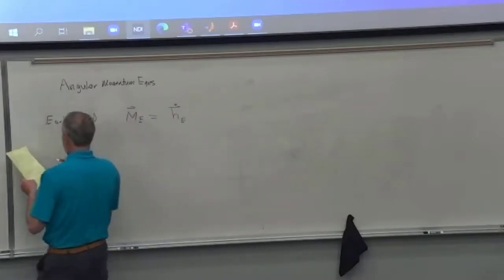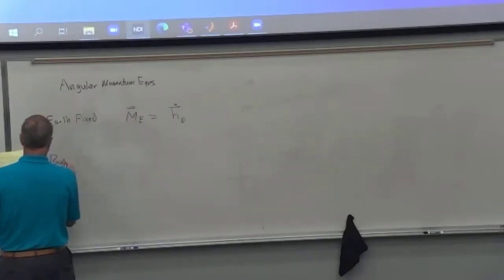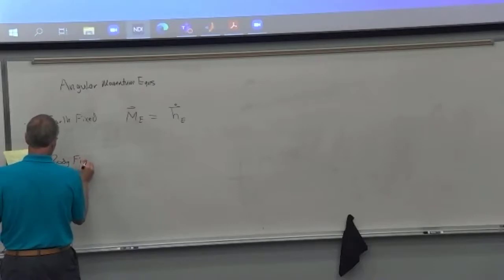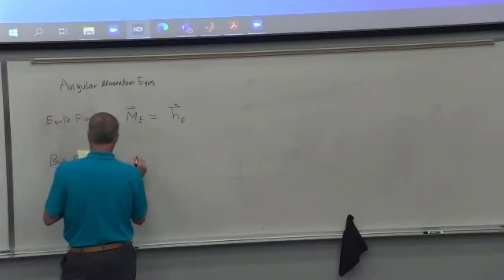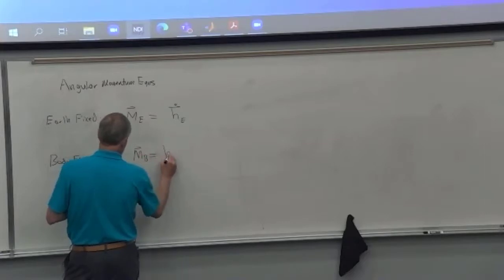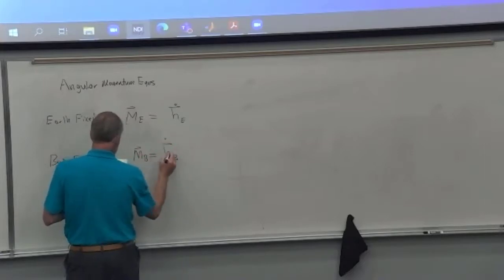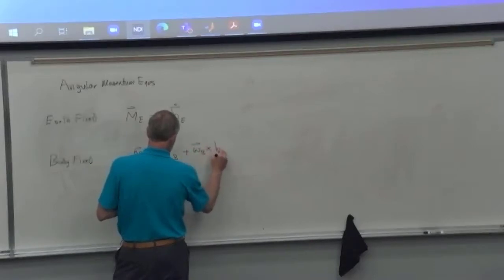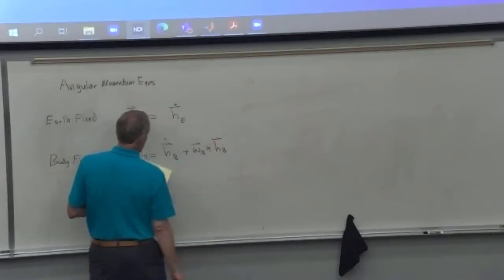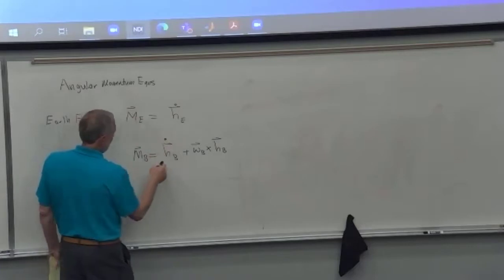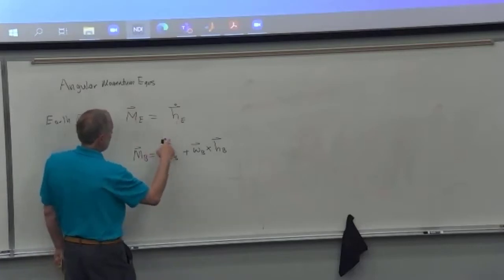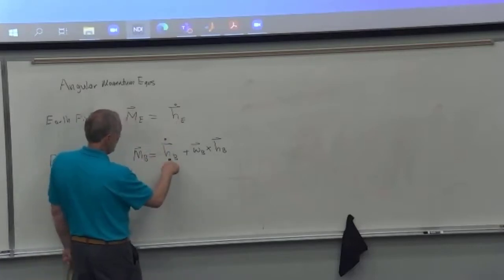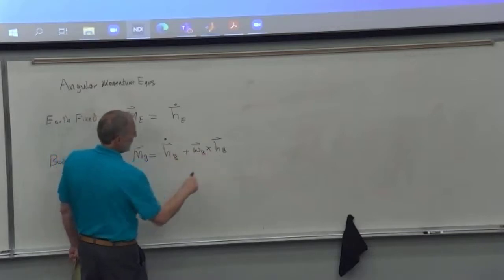And in the body fixed, we have the same thing. Because the axis system is rotating, we get an HB dot, and then we get an omega cross HB.